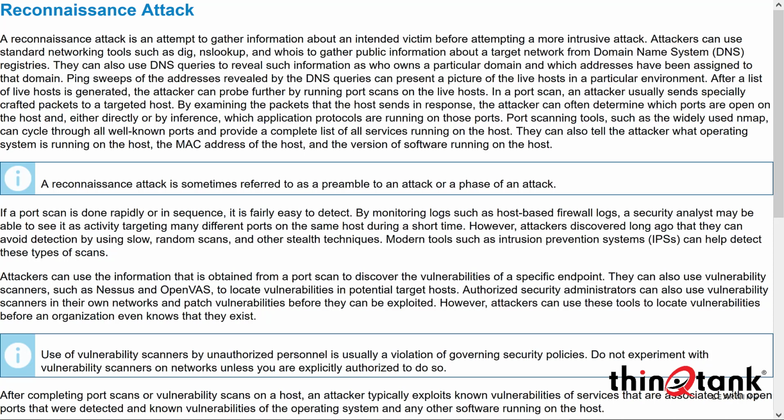So we can use tools like Dig, NSLookup, Whois, internet-based tools that allow us to gather public information about the resource and then compile that information. One individual component of that information might not result in any particular attack, but combining a lot of that information together could definitely result in us getting valuable information.